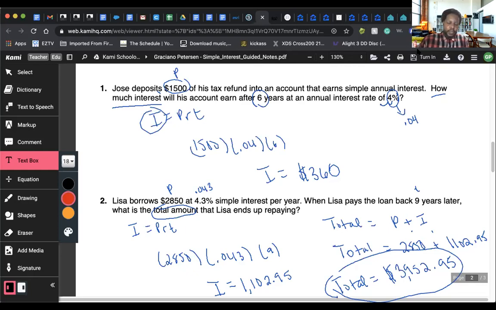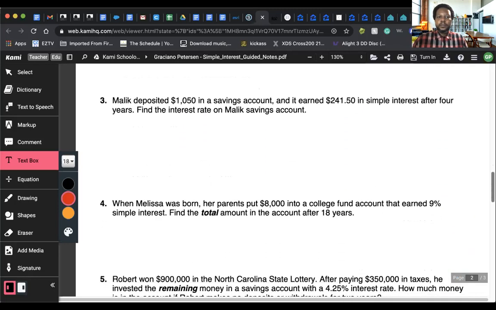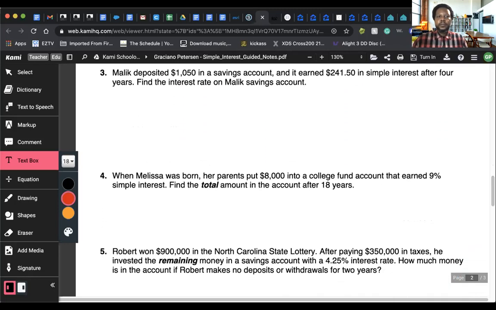All right, let's keep moving. All right, so Malik deposited 1,050 in a savings account and it earned $241.50 in simple interest after 4 years.